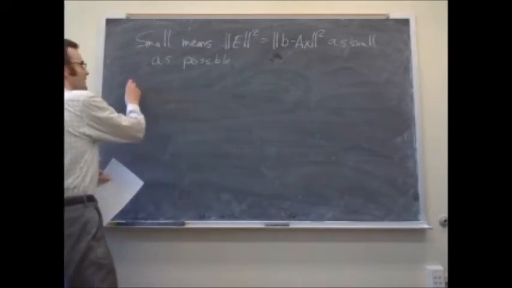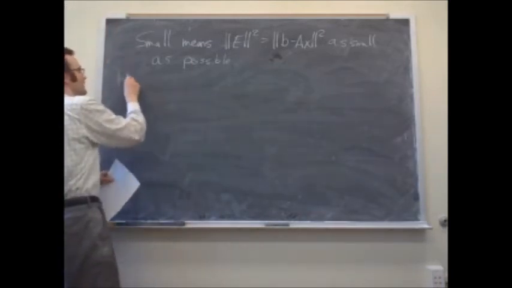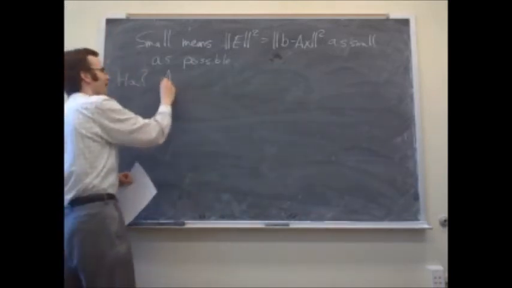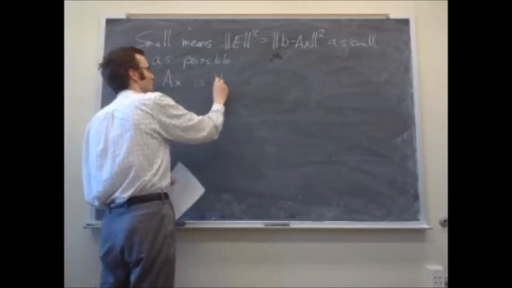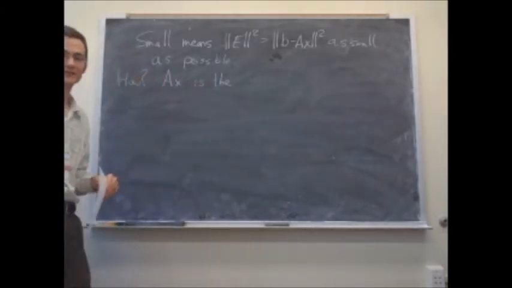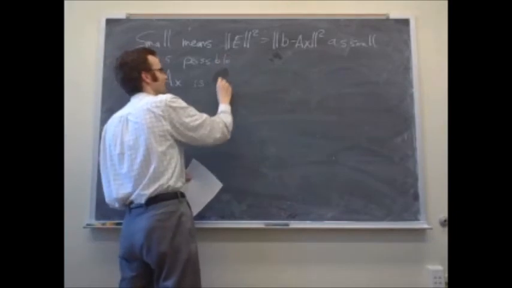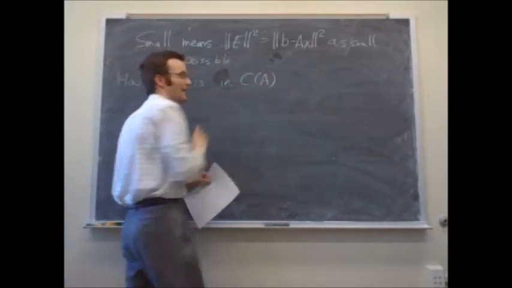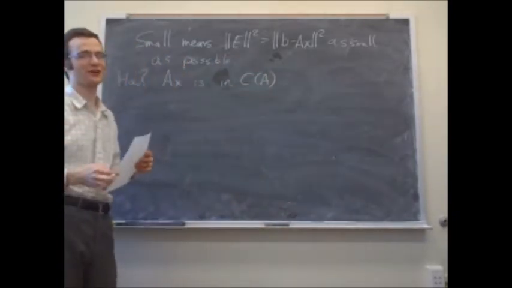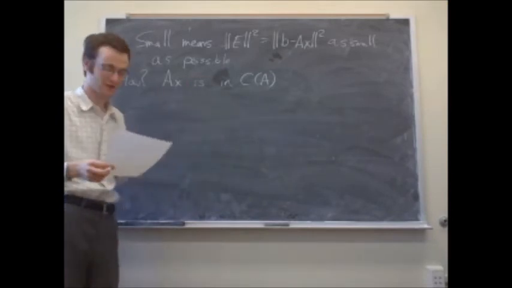Alright, so how are we going to do this? Well, no matter what we pick for X, AX is in the column space of A. That's the definition of the column space, right? It's everything you can get out.